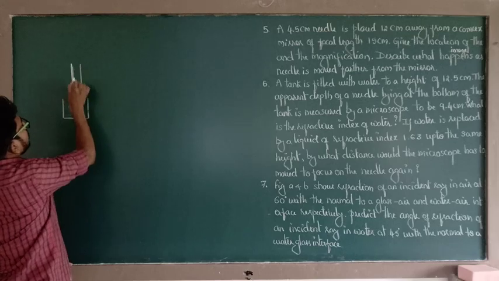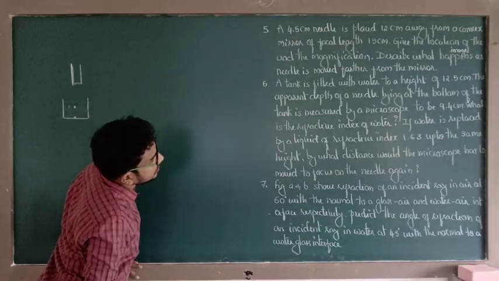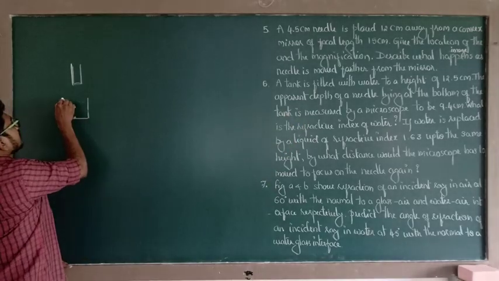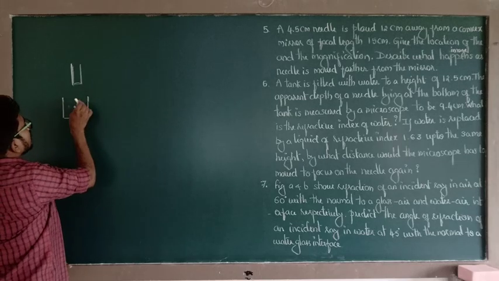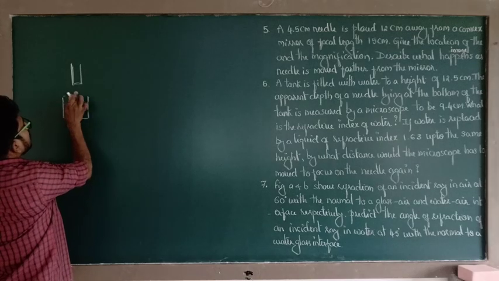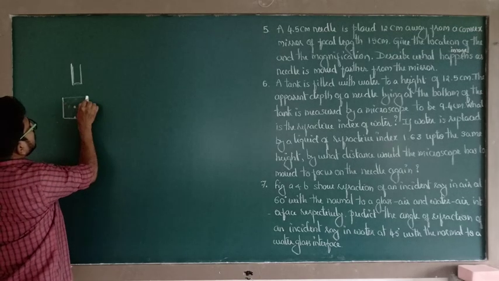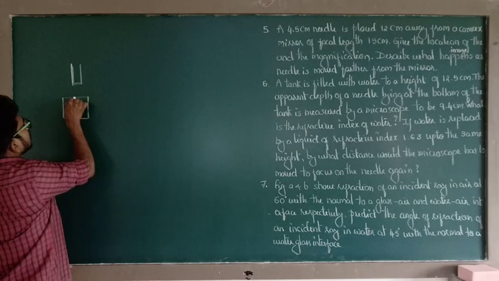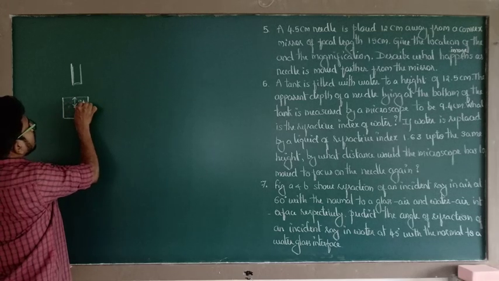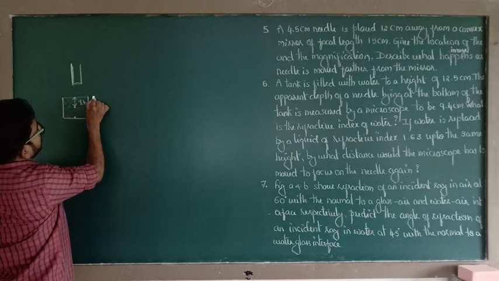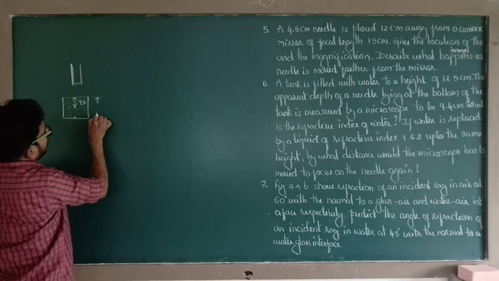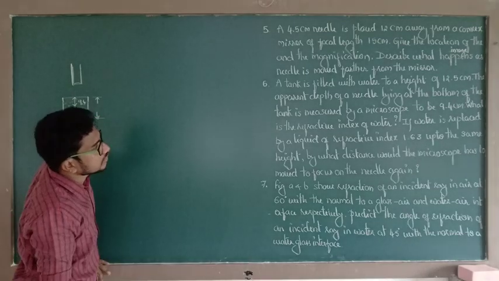So it appears at 9.4 centimeter. So the apparent depth is this distance, equal to 9.4. The distance between the interface of rarer and denser medium and the object is equal to 12.5 centimeter.